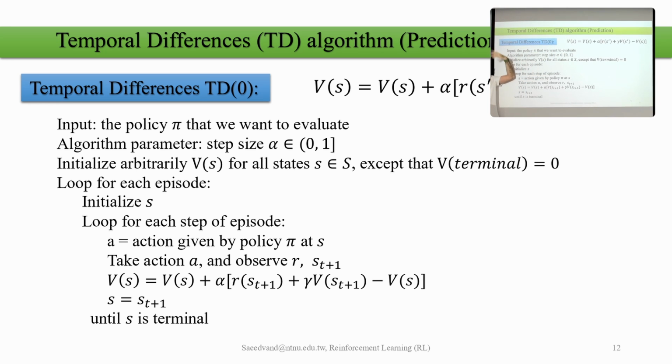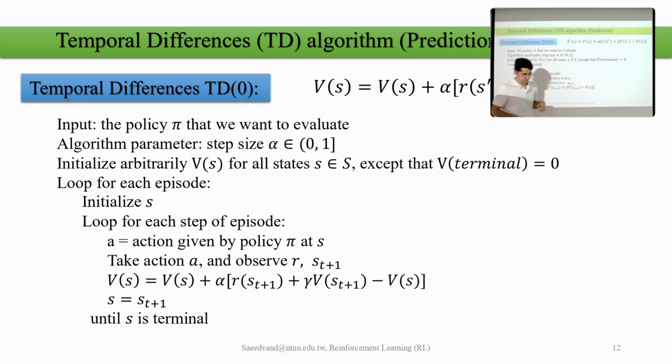For that problem, we get the policy, and we want to evaluate it. First of all, we consider the algorithm parameters, like the step size alpha, which can be between 0 and 1, and how fast we want to update the algorithm. We initialize an arbitrary value of S for all states, except the terminal ones.